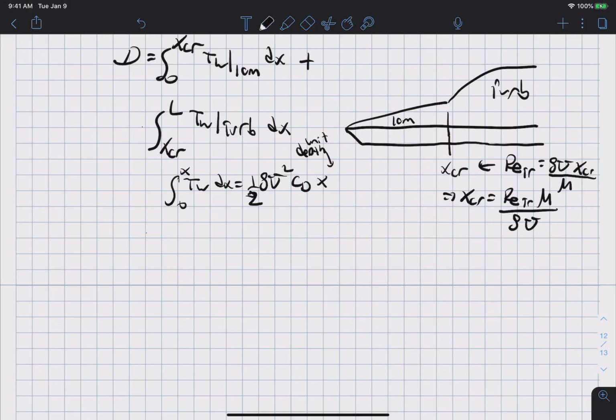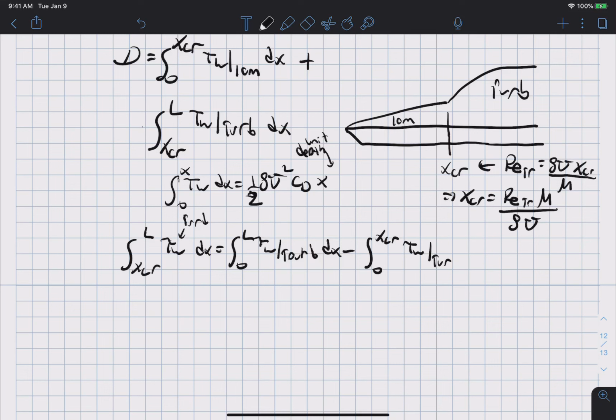So we'll do that. The integral from x_cr to L of tau wall, turbulent, dx equals the integral from 0 to L of tau wall for the turbulent, dx, and we've taken too much now. Now we need to subtract the integral from 0 to x critical of tau wall for the turbulent side of the boundary layer, dx.